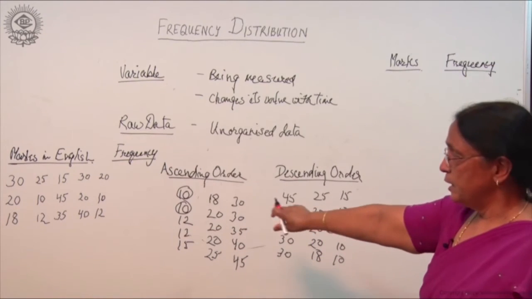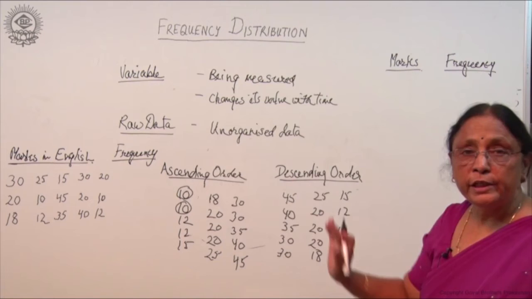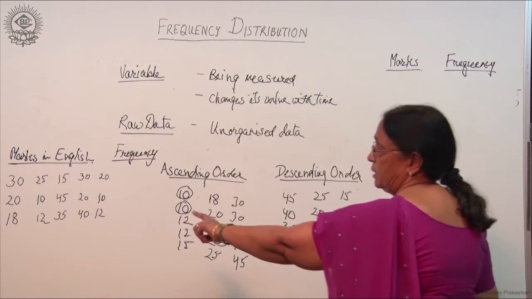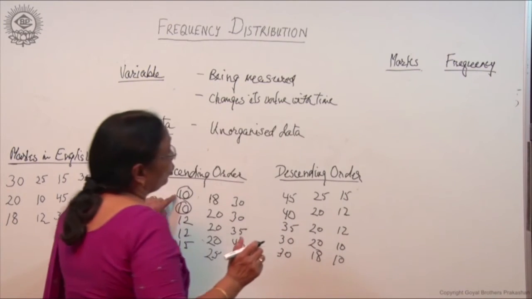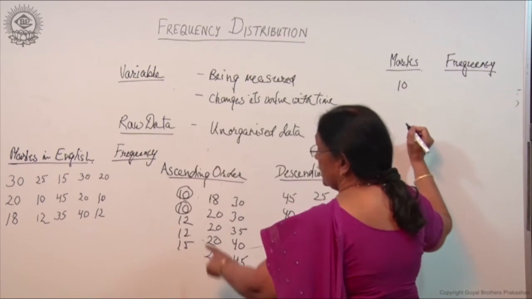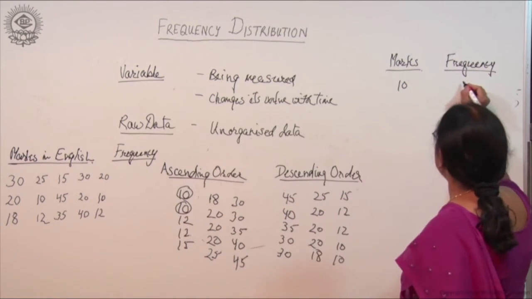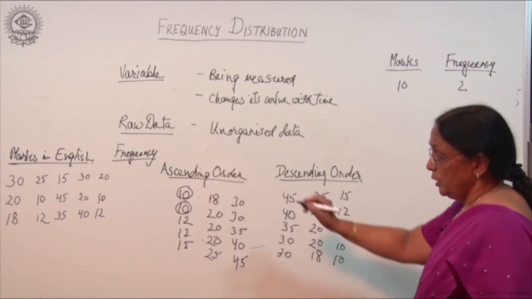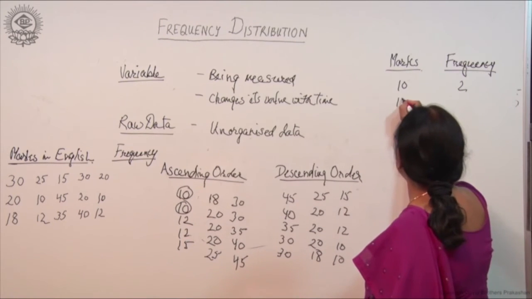Because here we are discussing the marks of students in English. Now marks, here the lowest marks are 10. How many children have got 10? That is 2. And the next number is 12.